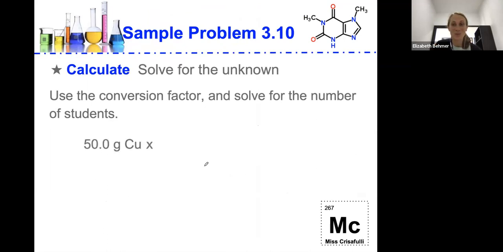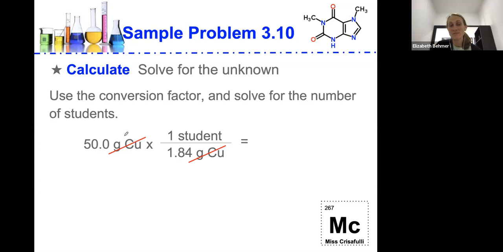We want to multiply by our conversion unit, making sure that the units cancel each other out. So we want the grams to be on the denominator in our conversion factor. So we'll put 1 student per 1.84 grams, making sure that those grams of copper cancel out and we're left with what we want, the number of students.